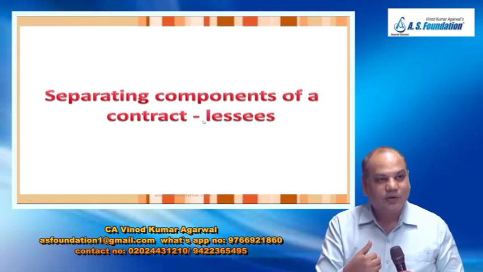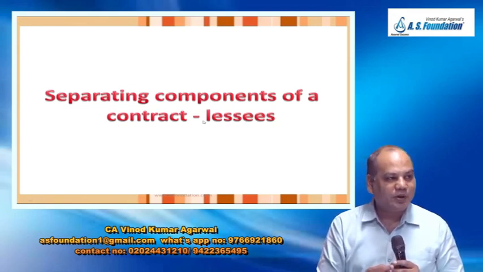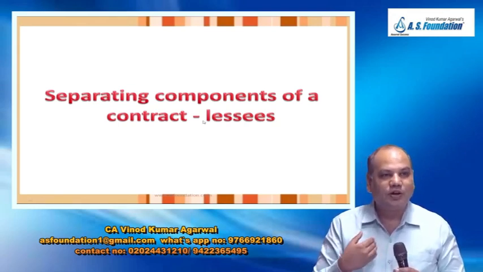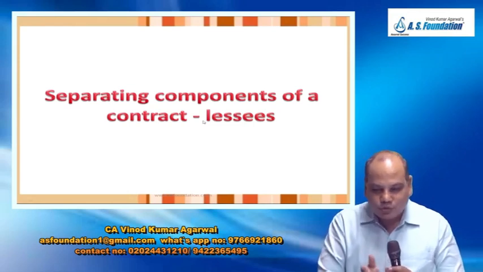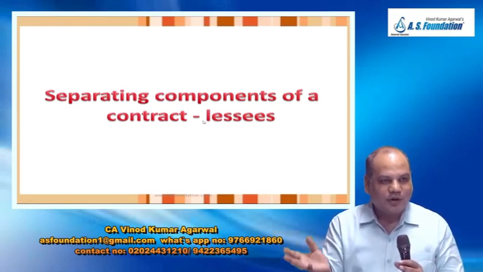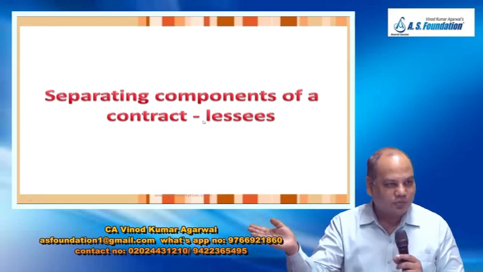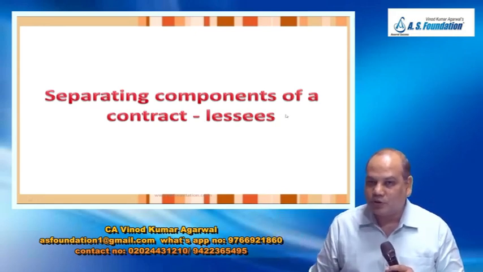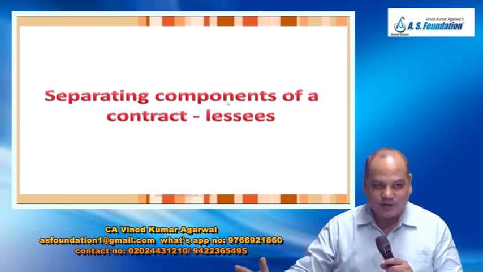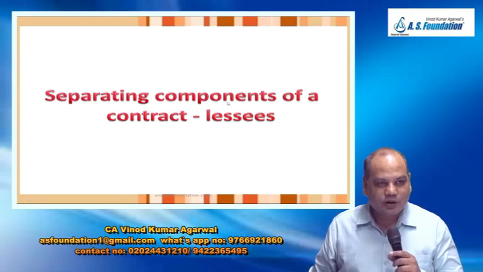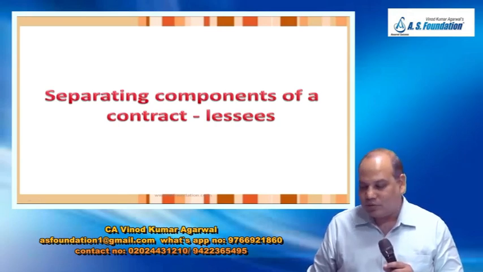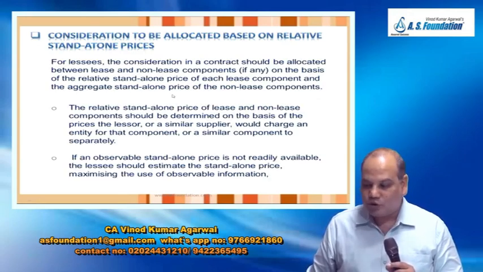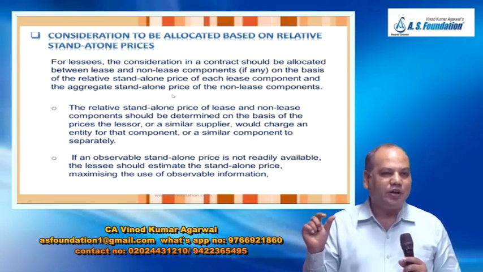But the lessee is given the benefit of practical expedient because he will have to take time, effort, cost to segregate the one consideration over different components. But lessor does not have this option of practical expedient. He will have to segregate like we did in the revenue standard, because for him it is a revenue generating activity.